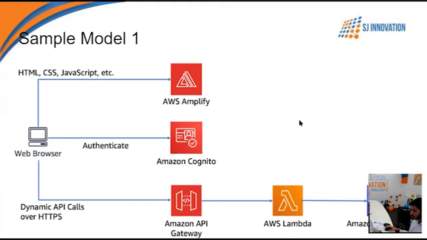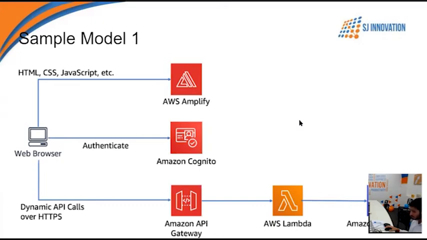Next, if you want to authenticate the user, that is, if he has a valid role to access different services, then you will be using Cognito. Now Cognito actually stores the user information, like when you register as a user, it stores your email, your password securely, and when you want to log in, that information will be used.